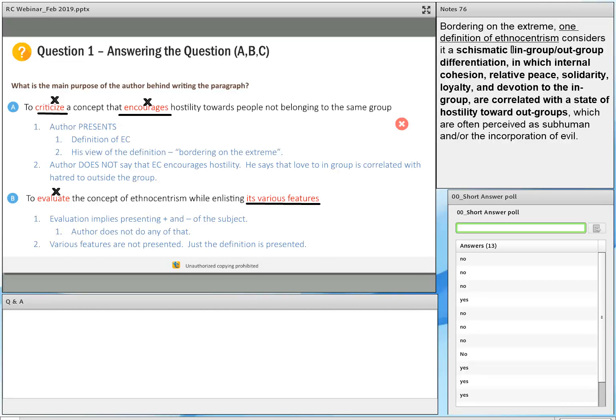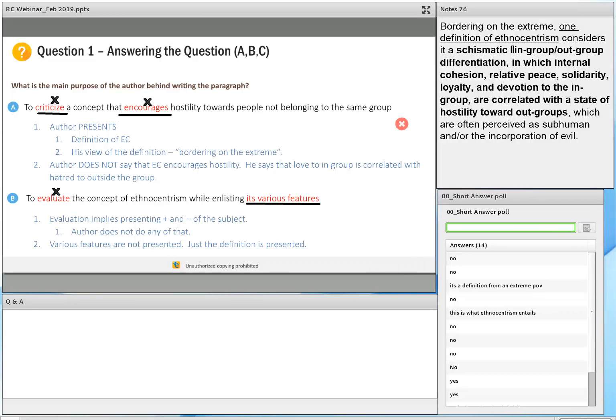Okay. Again, it just may seem like a sentence, but there's a meaning to it. And that's the beauty of an RC sentence. Yes, as Kevin said, it's just what the definition says. It's not necessarily what the author thinks. Absolutely.